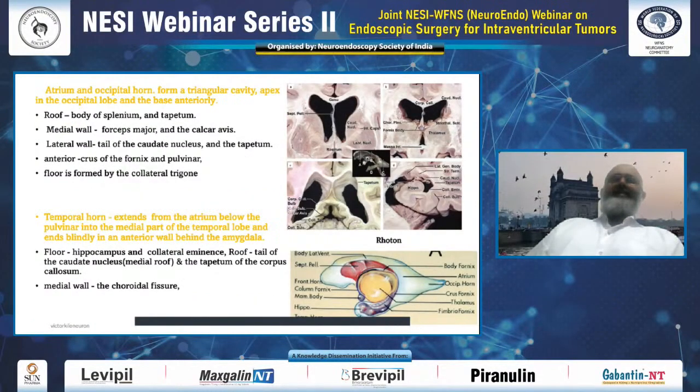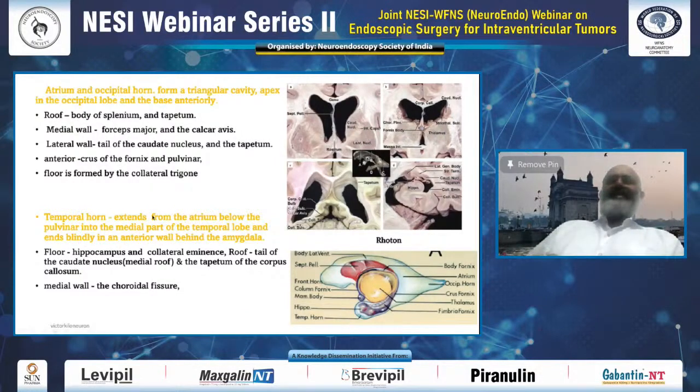Going further behind, we have the atrium and the occipital horn, which is triangular with the apex in the occipital lobe. Then the temporal horn extends from the atrium below into the medial part of the temporal lobe and ends blindly behind the amygdala.